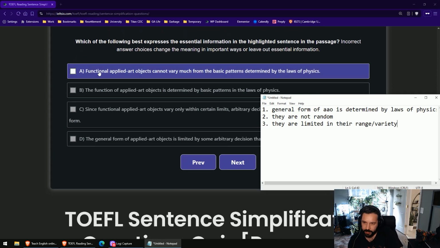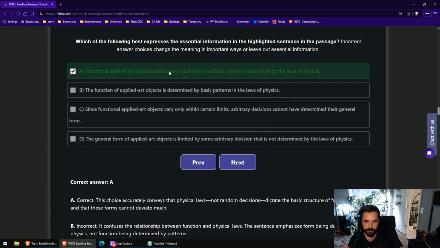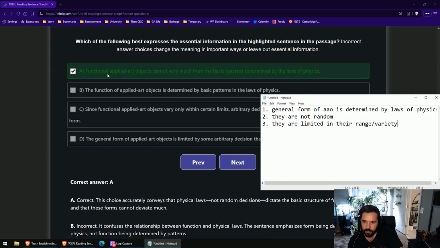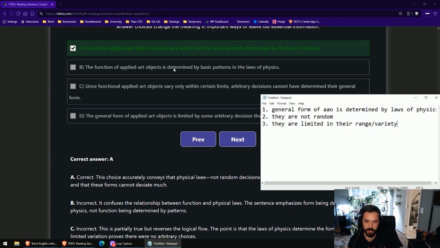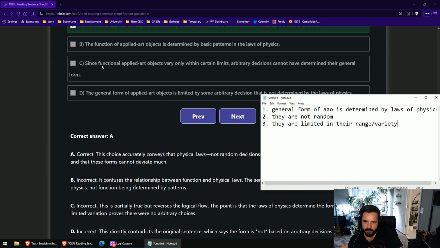Now let's see. Functional applied art objects cannot vary much, correct, from the basic patterns determined by the laws of physics. That would be a very good option. The function of applied art objects is determined. We never talked about their functions. We never said what they are doing. So this is playing on words with functional and the function of something. Since functional applied art objects vary only within certain limits, arbitrary decision cannot have determined their general form. This one is actually making an assumption.